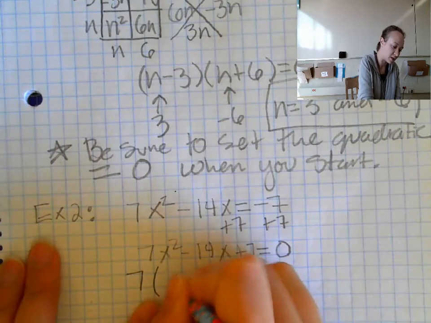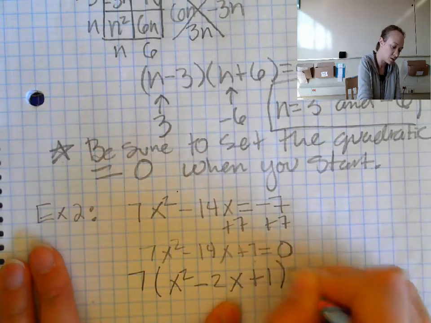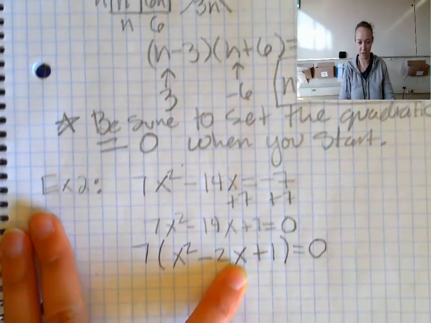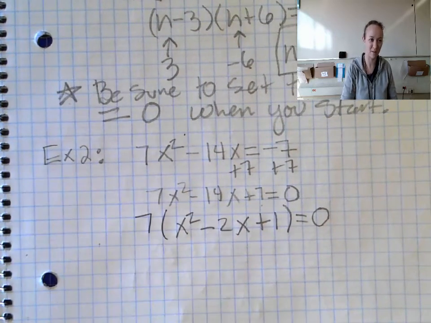7. And then x squared minus 2x plus 1 equals 0. And then this guy in the middle I can put into a box and diamond.